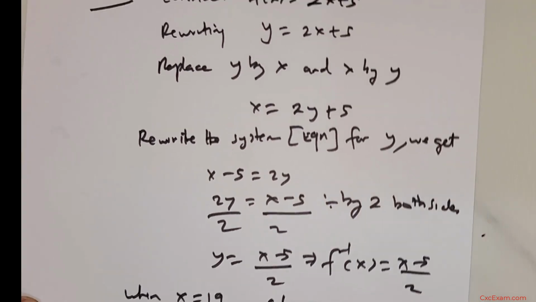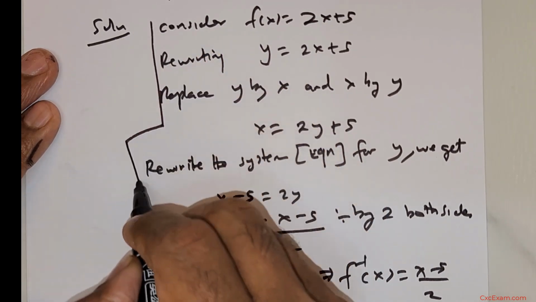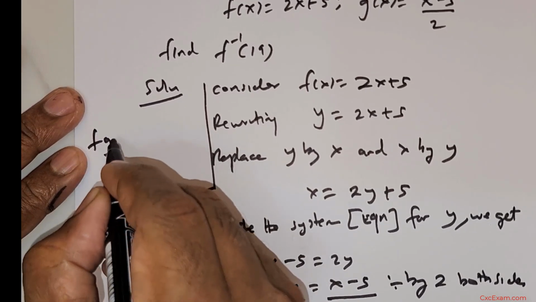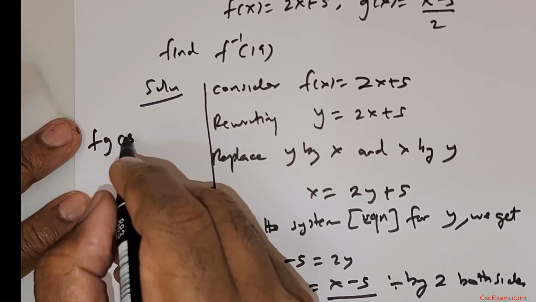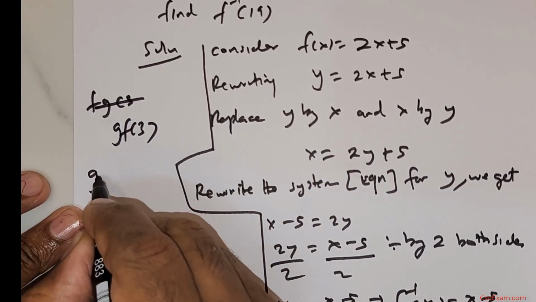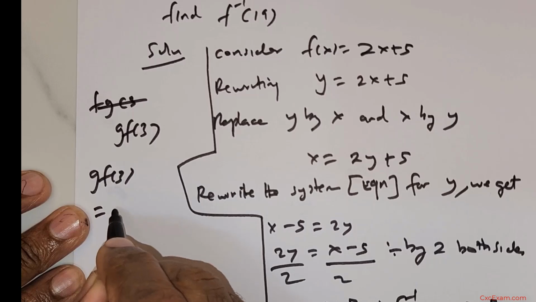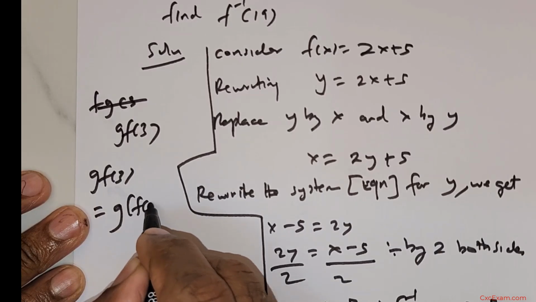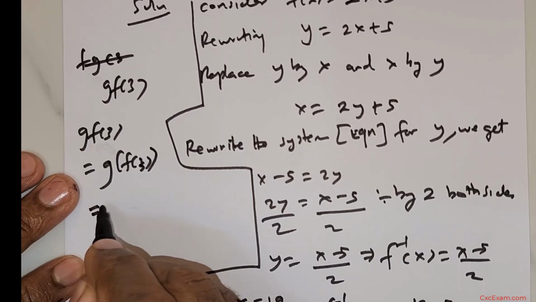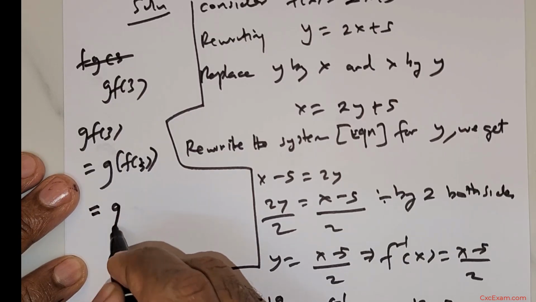Now you have to find, let me use this part of the space, gf of 3. Now gf(3) is rewritten as g of f of 3.